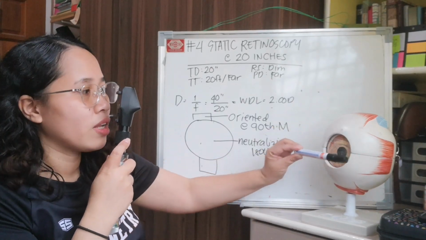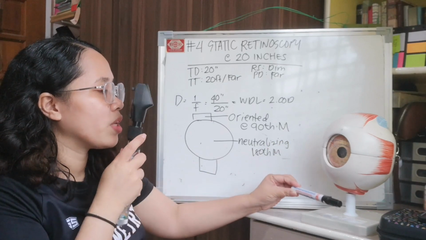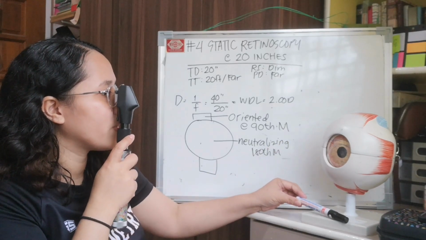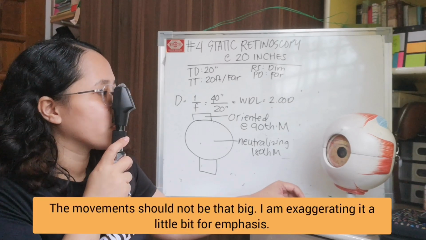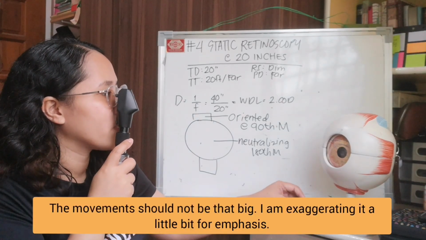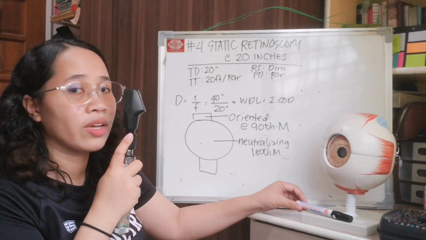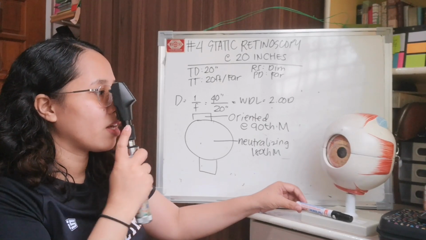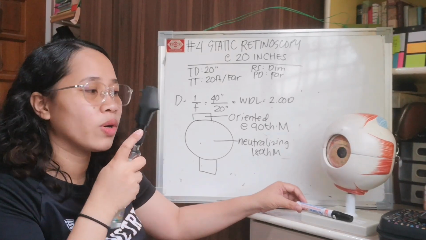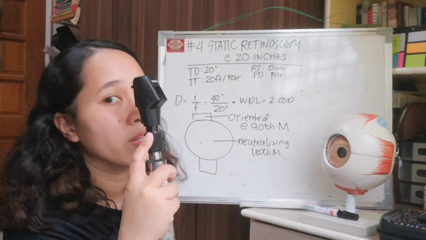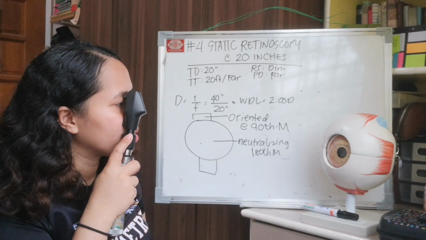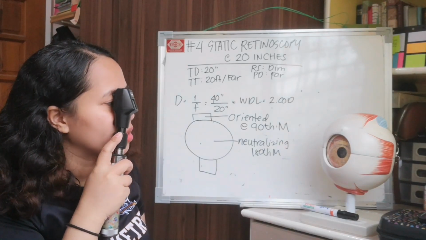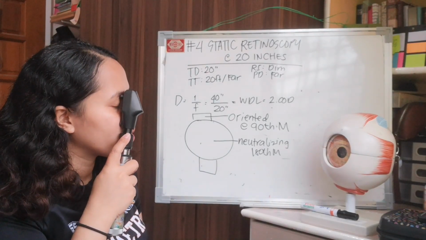Not up, down, up, down, up, down, but up, down, right, left, so you can see better. Like that. Up, down, right, left. Okay.